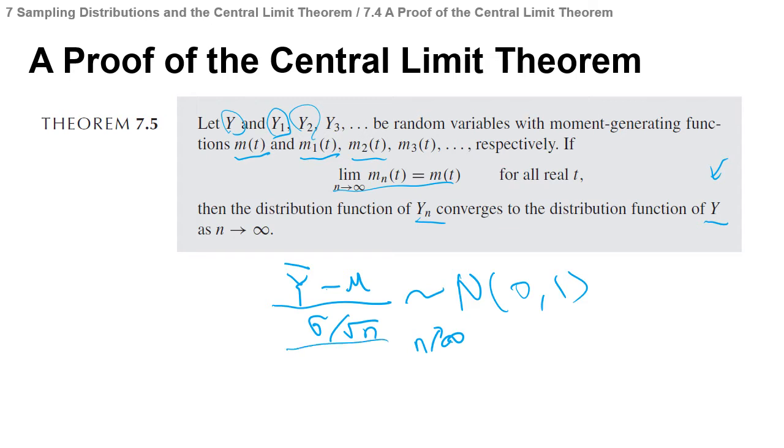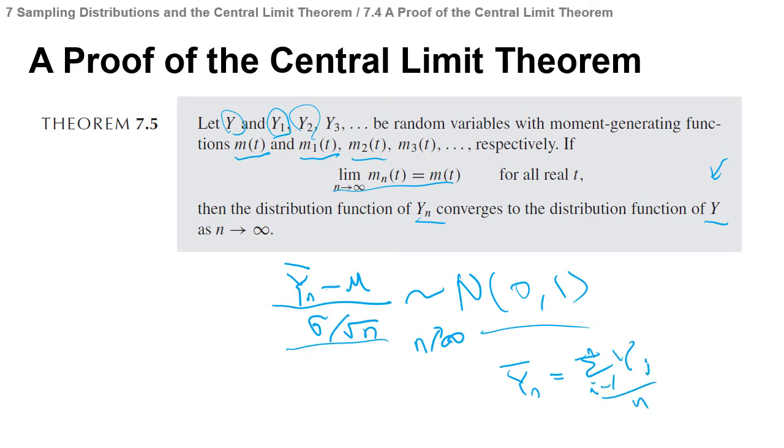This is what the central limit theorem implies. This Y bar is actually Yn bar, which is the sum of Yi from i equals 1 to n, divided by n.